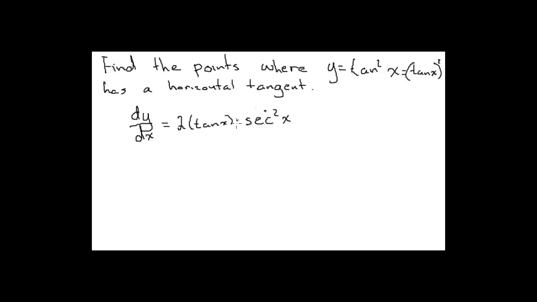The derivative of tan is sec squared x. I'm going to set that equal to 0, and if I want to solve this, I probably want to change sec squared to 1 over cos squared.